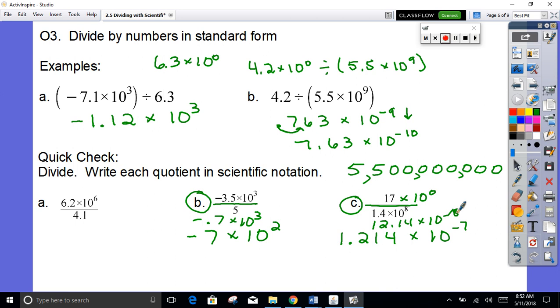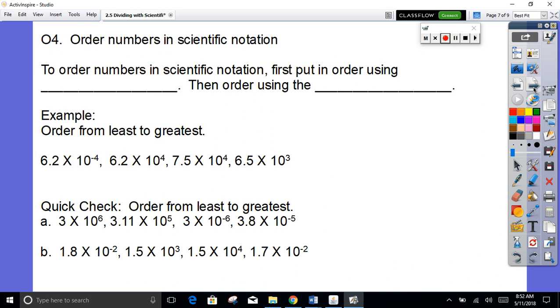Good, awesome. Okay, I think we're not going to do the 5th objective, but we are going to do the 4th. When you put numbers in order in scientific notation, first you put them in order just looking at the size of the exponents. And then if you have exponents that are the same, then you have to order using the first factor, that number that's not the 10. So if we were ordering this from least to greatest, obviously a number with a negative exponent is going to be the smallest.